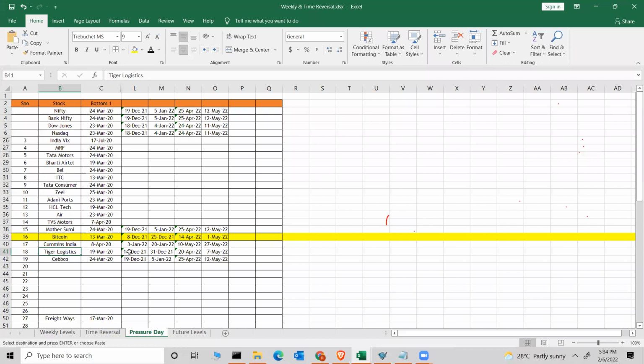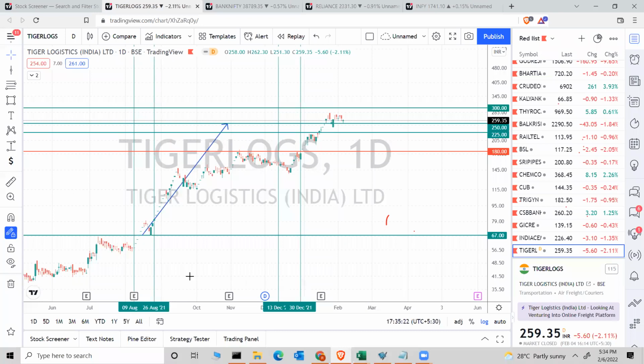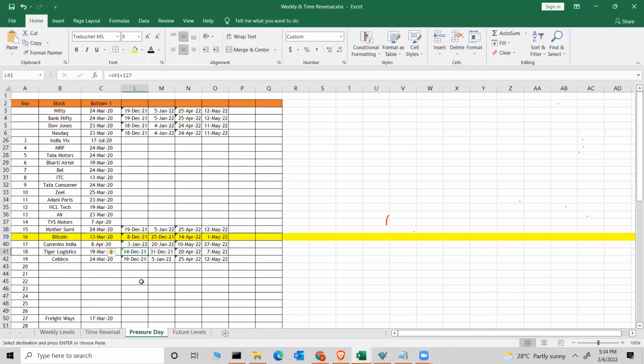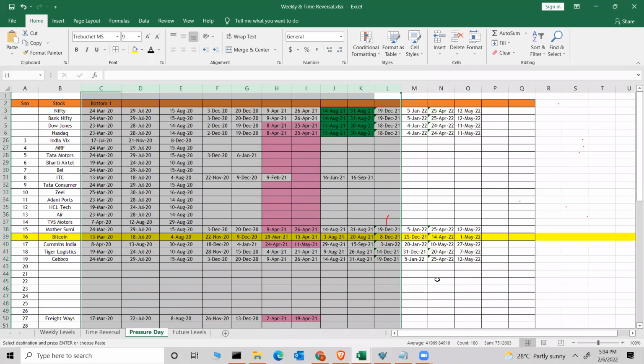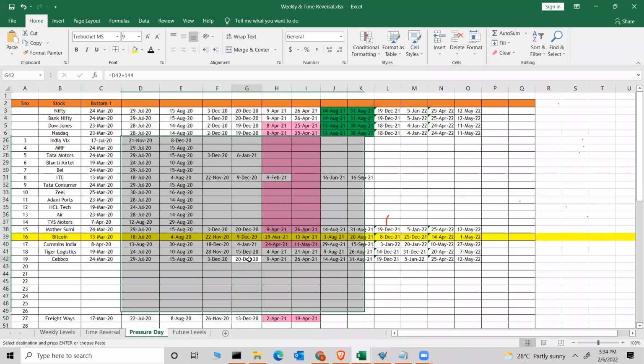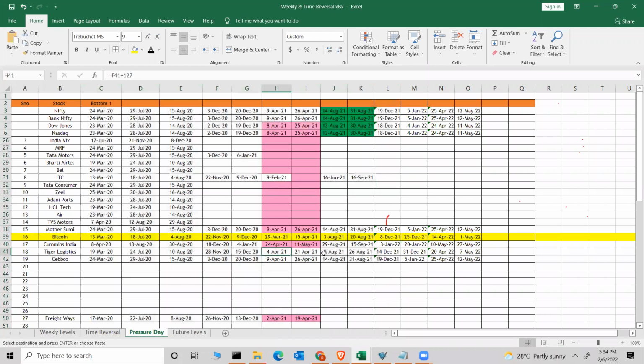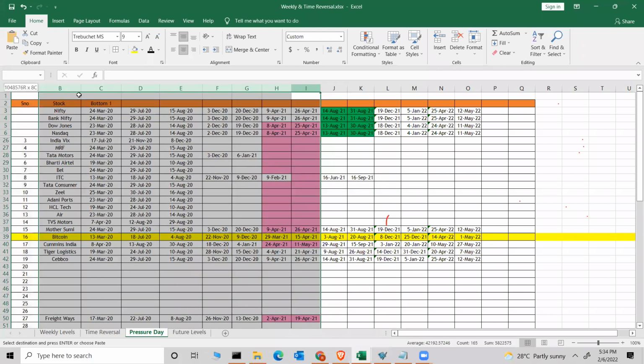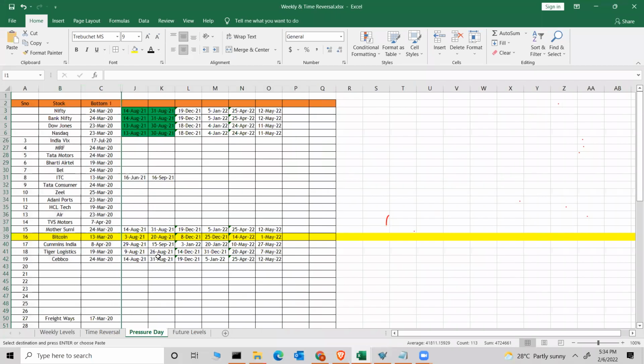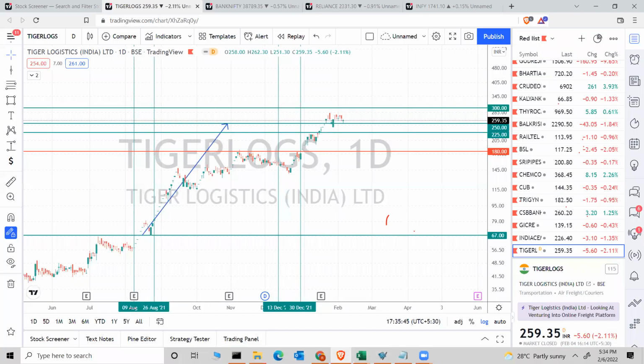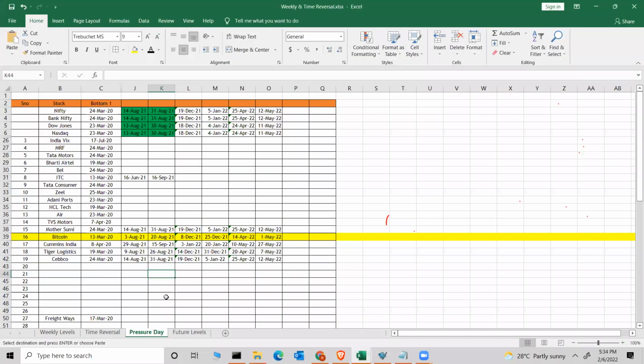See, the expected date was 14 December, and before the 14 December, it was on 9th August and then 26th August.